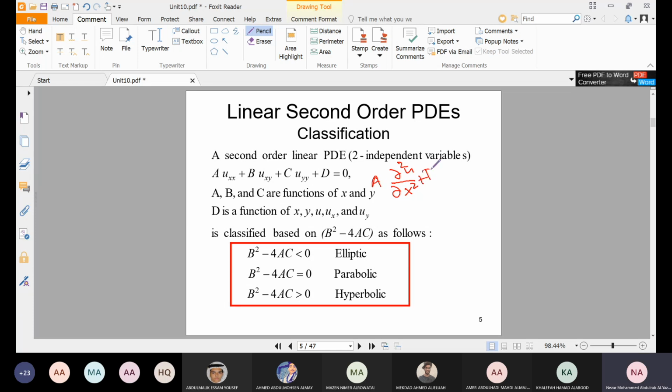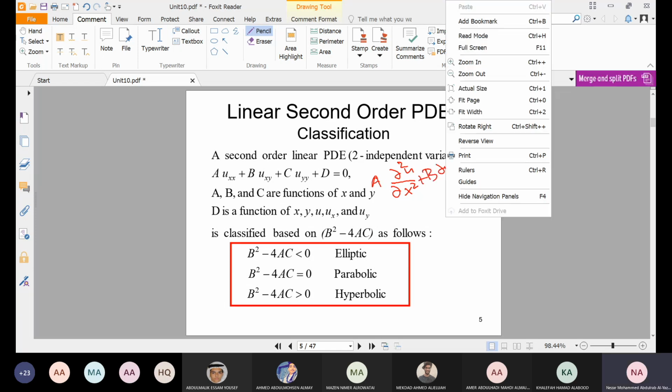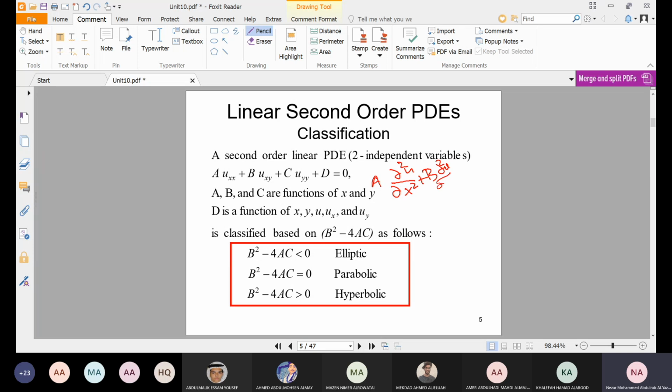We have here b, the mixed derivative of u with respect to x and y. Okay, so after that we have c times the second derivative of u over dy squared, and after that we have the constant equals 0.